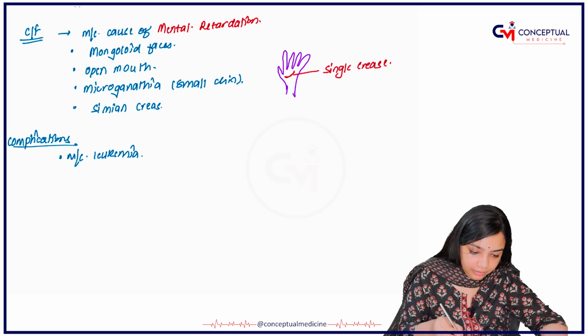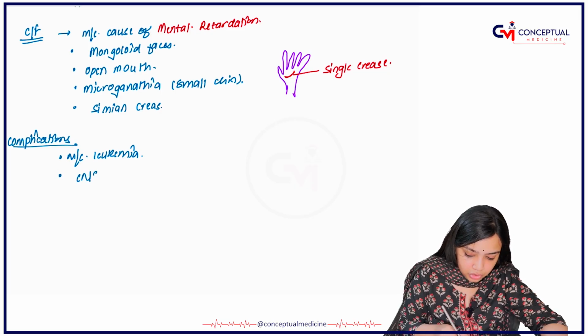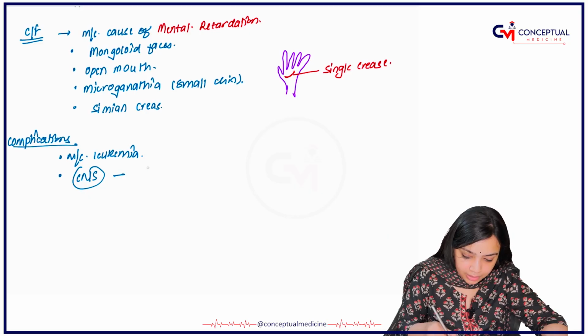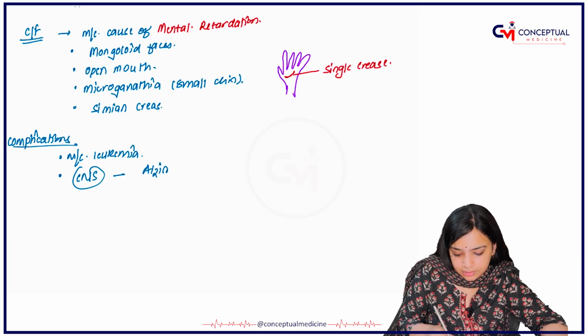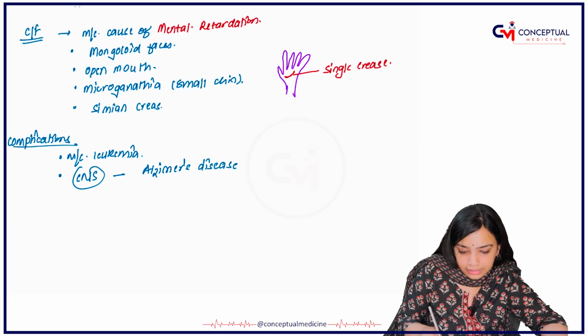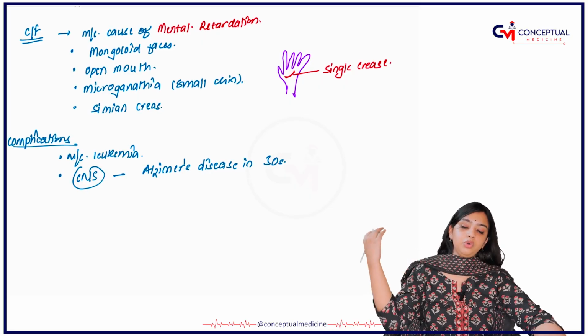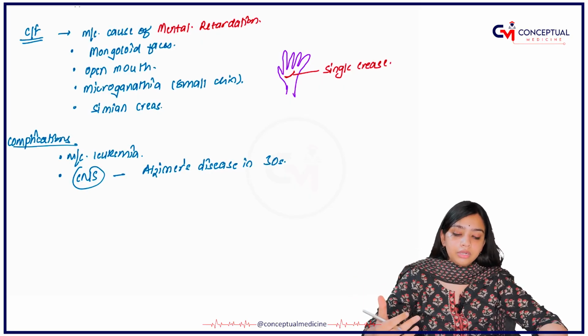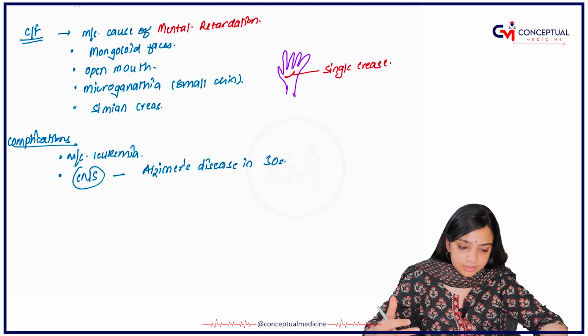Second thing you have is the complications of the central nervous system. That is Alzheimer's disease in the 30s. If a person has attained his or her 30s, then there is Alzheimer's disease.